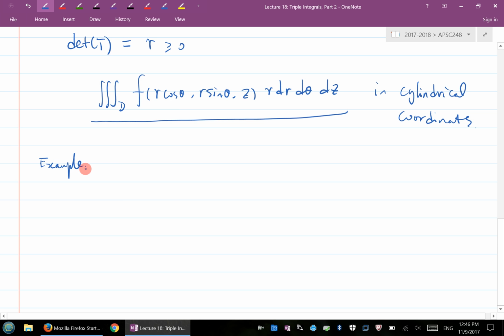Let's see, what do I mean in here? So we'll give you a region D. Okay, so region D is sandwiched by two surfaces. Here are the two surfaces.